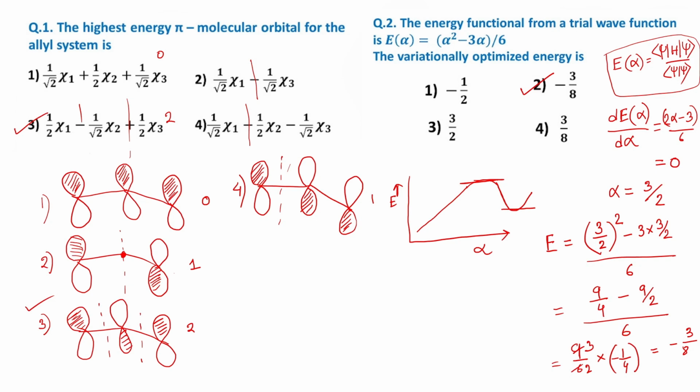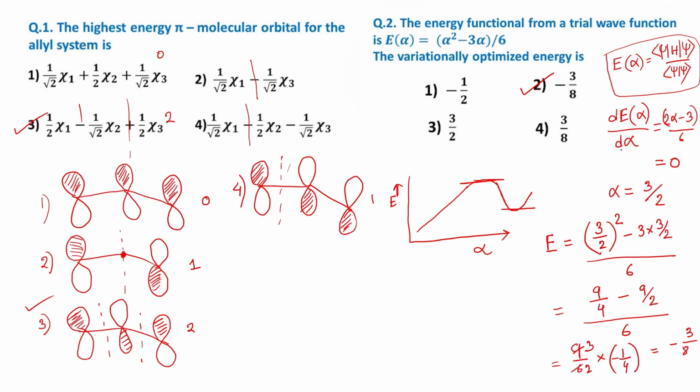Suppose for one value you are getting higher and for another lower, then the higher value is your maxima, and the lowest value is your minimum. Or another way to do that is to check the double derivative. If your double derivative comes as positive, then I guess it is minima, and if the double derivative is negative, then it is maxima, something like that. I'm not recalling exactly what it was.